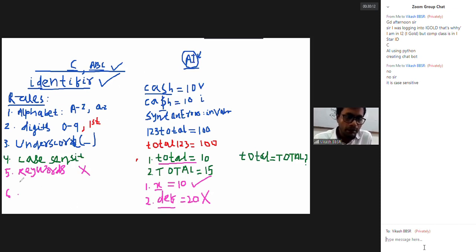Infinite means unlimited characters are used. Clear? So unlimited characters are allowed in case of identifier. Complete.